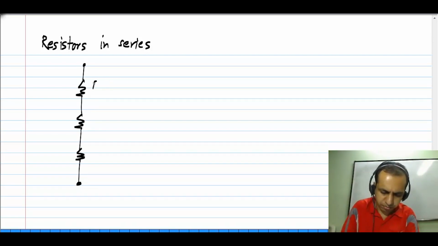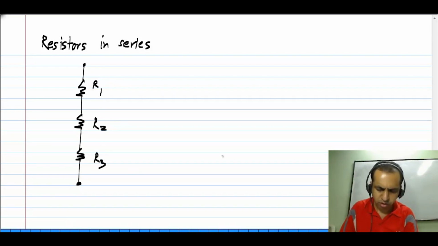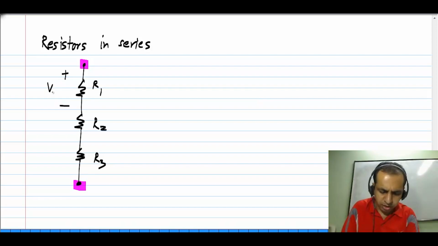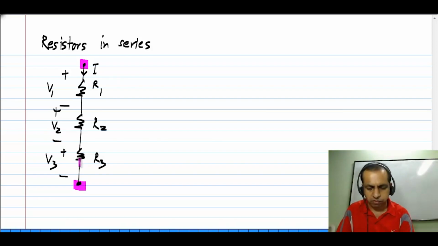Now what we want to know is what is the effective behavior between the upper and lower terminals. So for that, let me mark the voltages across each resistor and the current through each resistor, and we know that the same current flows through all the resistors because of the series connection.